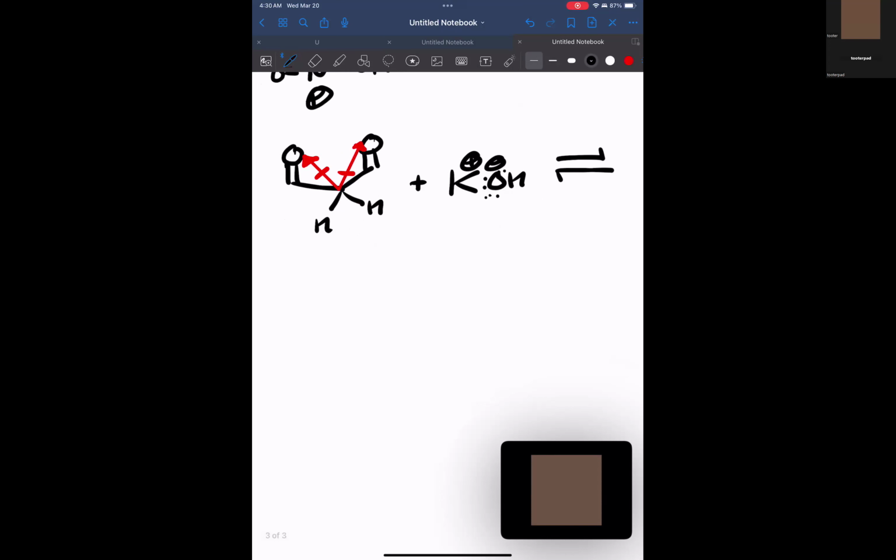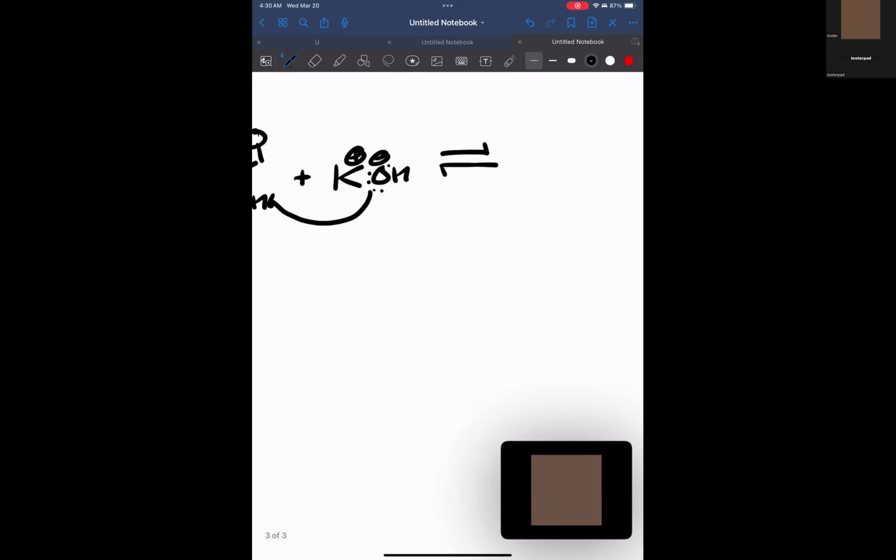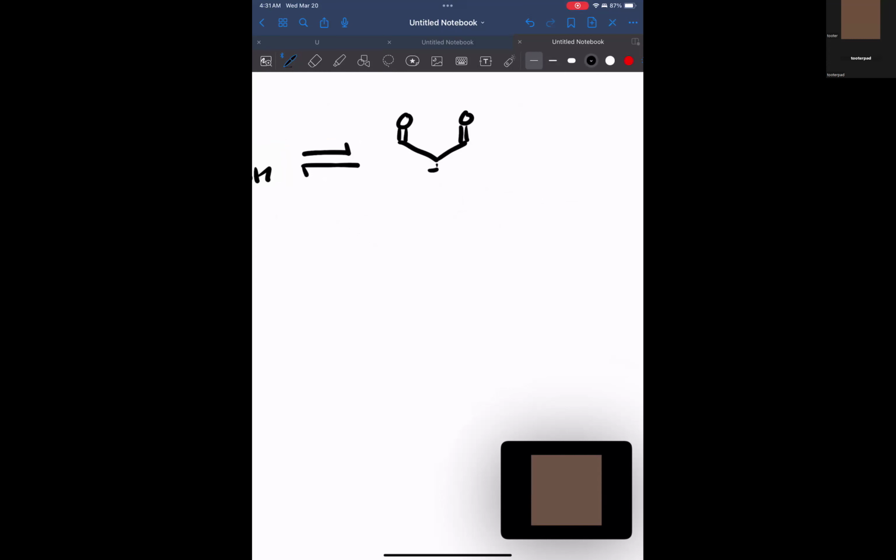And when this oxygen takes this hydrogen here, making this bond arrow and this cleaving arrow, we're going to get this right here, which is also an intermediate state because the negative charge will not be very stable on the carbon.